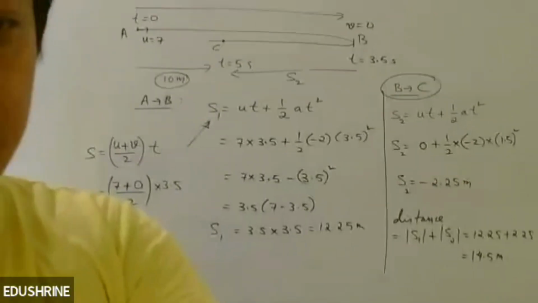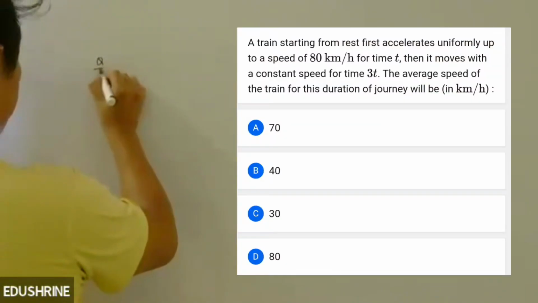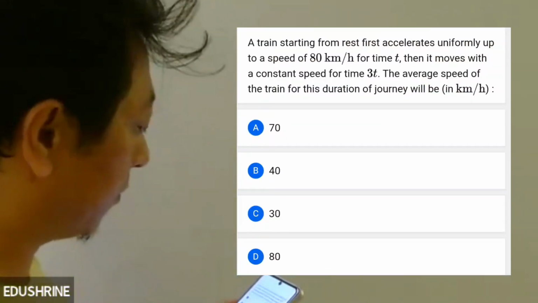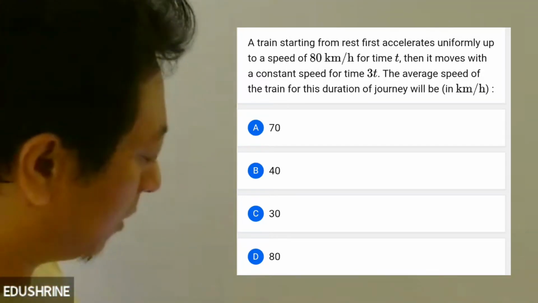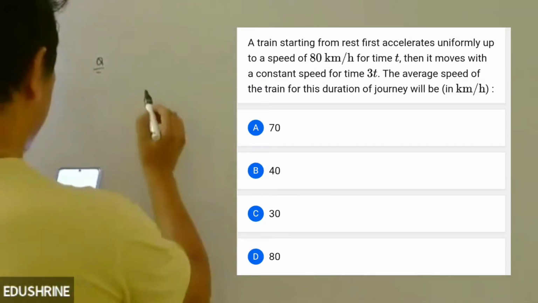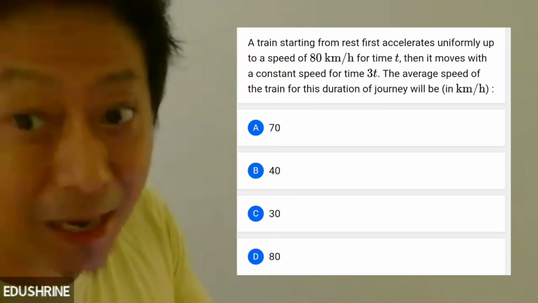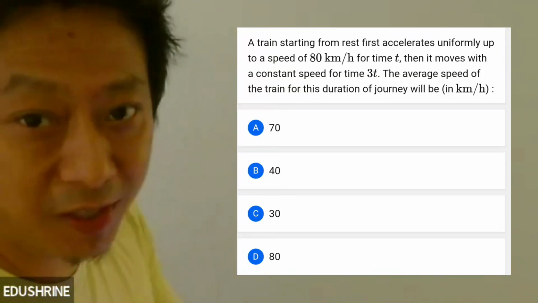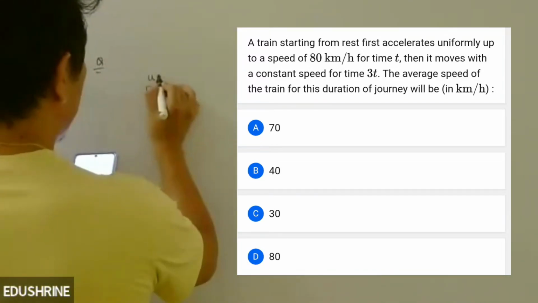So as you can see, the answer is not the same. A train starting from rest first accelerates uniformly up to a speed of 80 km per hour for time t. How do I draw the diagram? See, how do I draw the diagram after reading that? Solving a question anybody can do. A train starting from rest, u is 0.